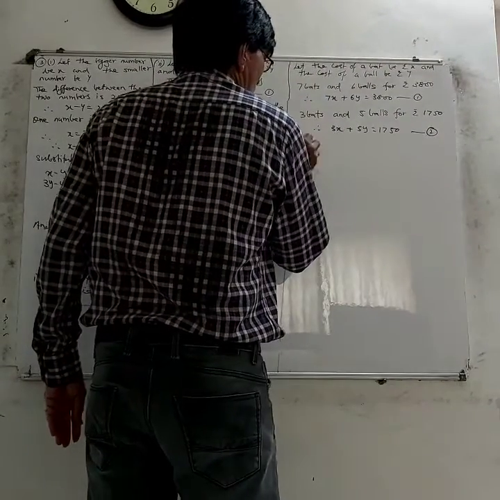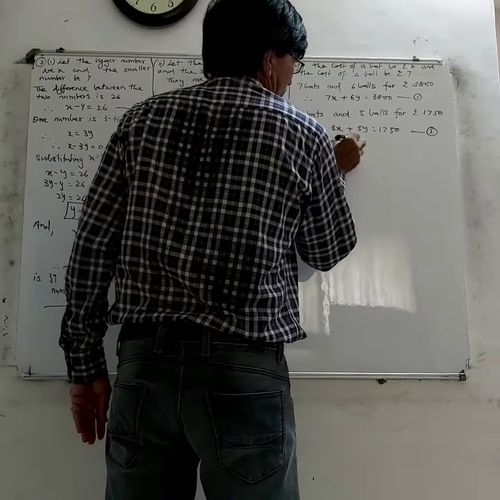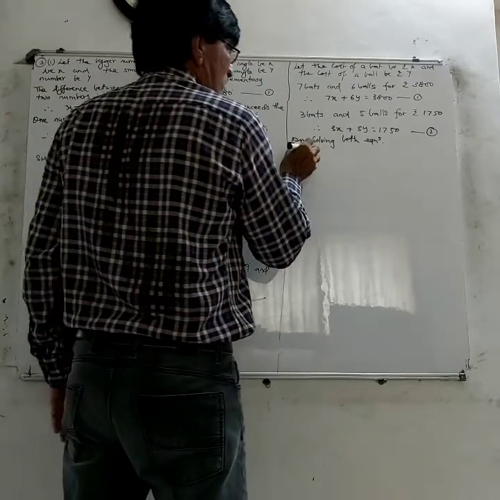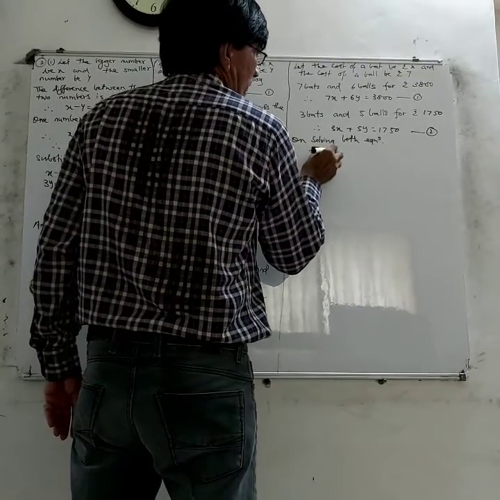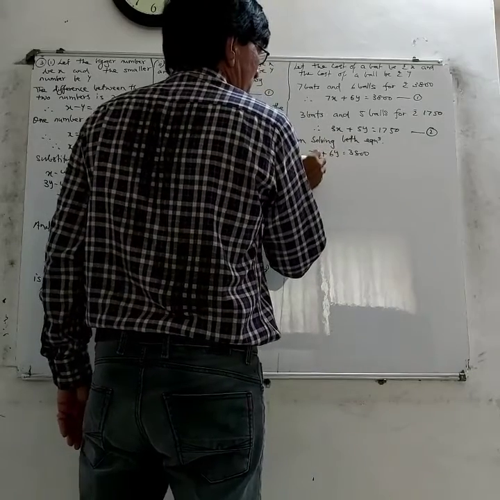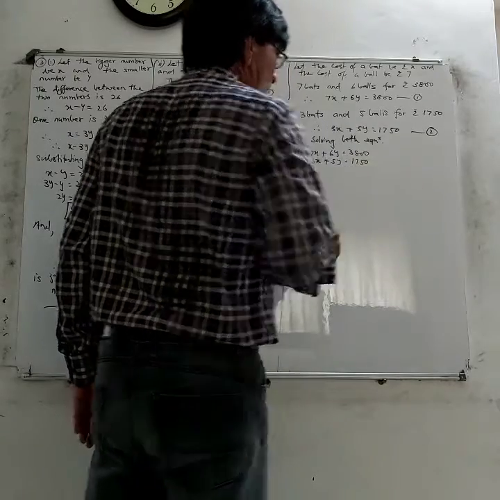Okay? On solving both equations, 7x plus 6y is equal to 3800 and 3x plus 5y is equal to 1750.